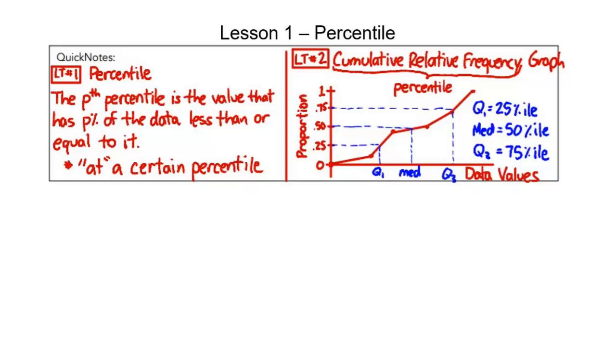So again, I want you to think about standardized scores or going to the pediatrician when you were younger. That percentile, they're telling you where you fall in that distribution and what percent of people are at that or below. So if you score in the 98th percentile on your standardized test, what would that mean?